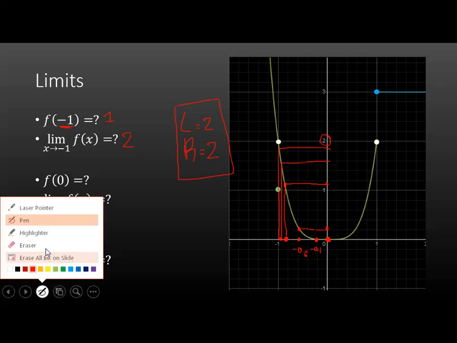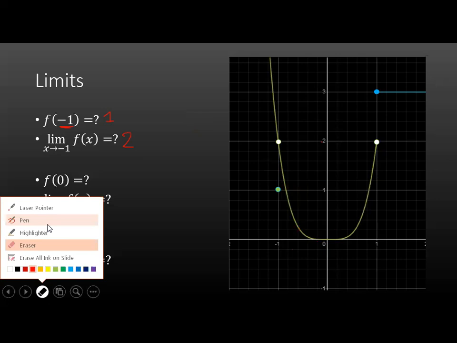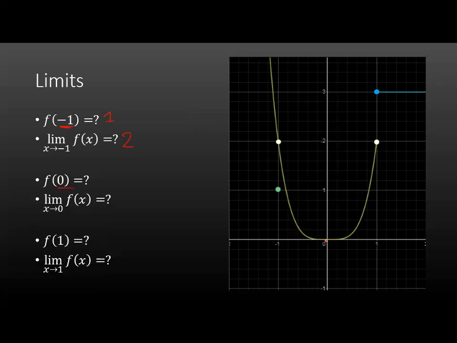Okay? Now, let's go to the second problem. Find f of 0. So your f of 0, your input is 0. So it's here, which is exactly 0 as well. So therefore the answer is 0. Now, how about the limit of this function as x approaches 0? So let's just say you start from the left side.